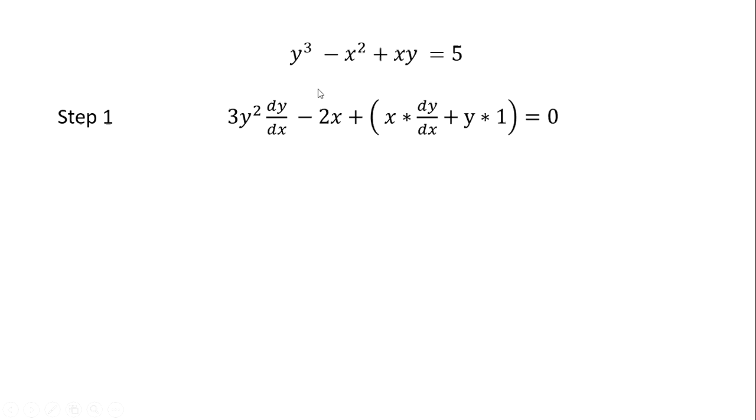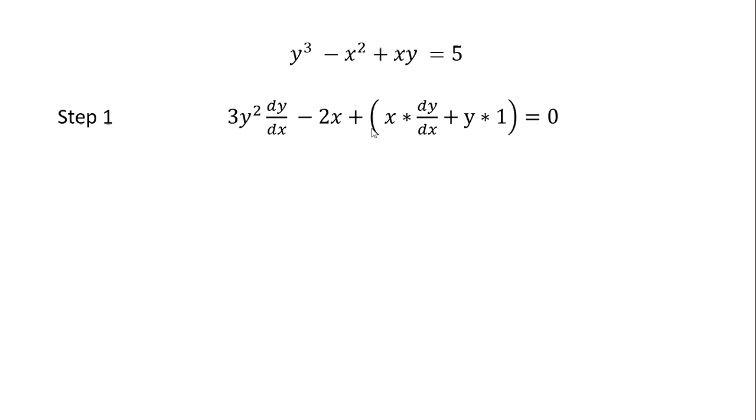But as we are differentiating y with respect to x, we will get dy over dx here. Then minus x squared, which by the power rule is 2x. And you have a plus xy, which is a multiplication of x and y, so we have to use the product rule to differentiate it.